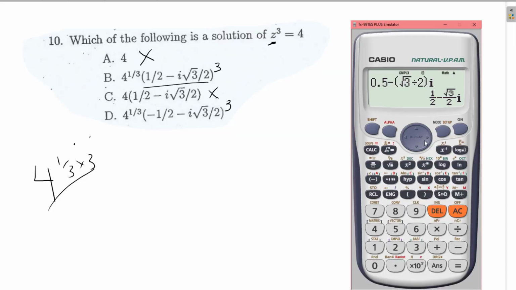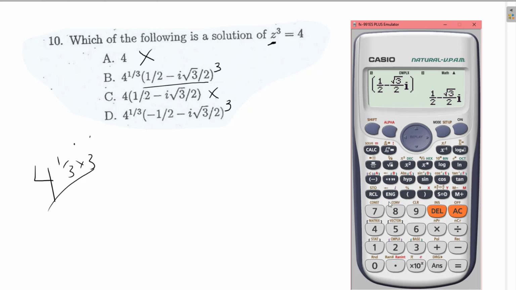We'll go to our calculator and find the argument of this part. So it's a half minus root 3 over 2 i.